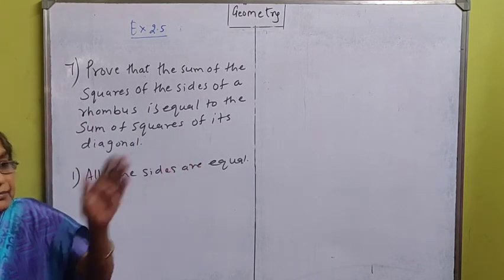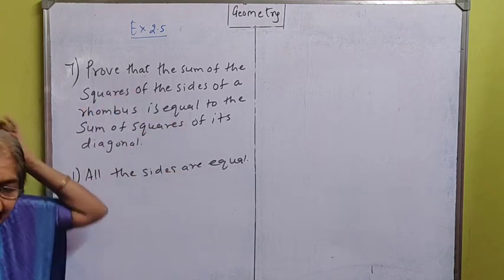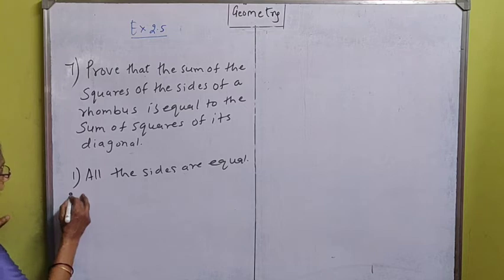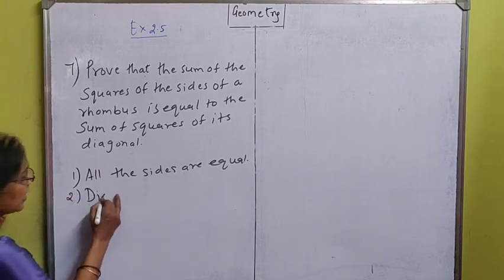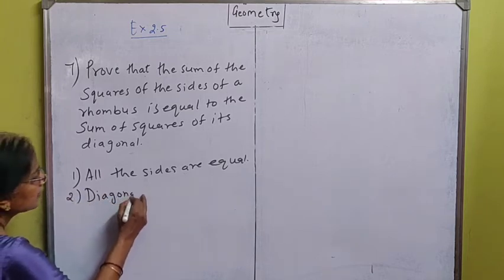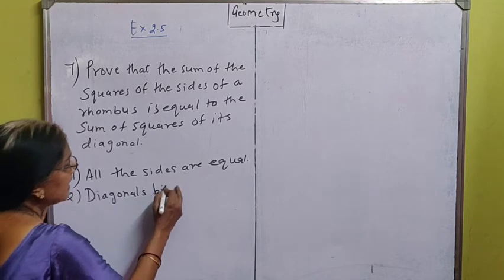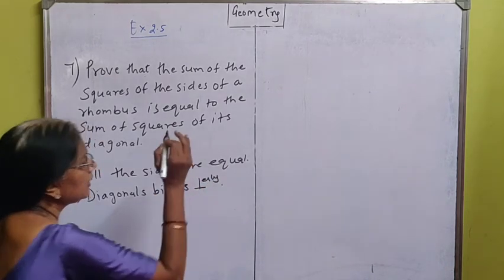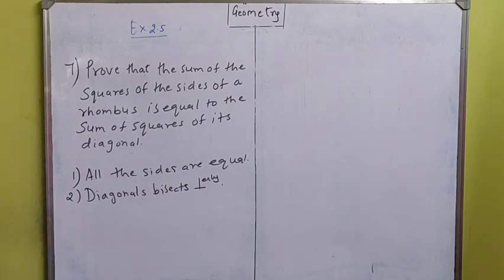CD is equal to DA, means DA also you can take it as AB, because measurement of all the 4 sides are equal. Second property is diagonals bisect perpendicularly. Very important. Perpendicularly means they make right angles.